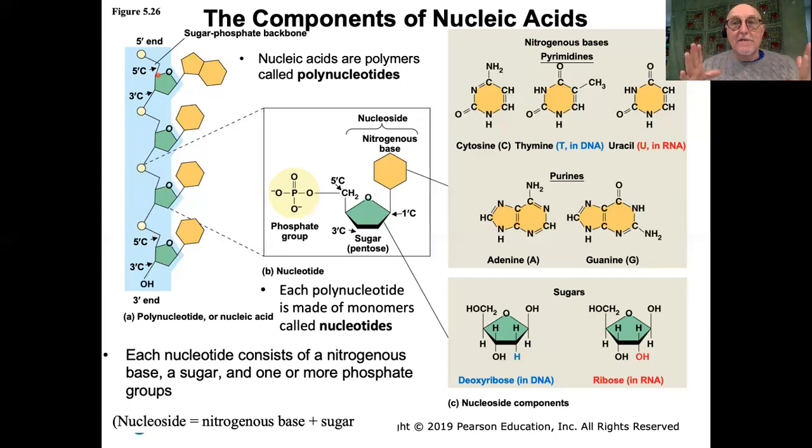So that's the first thing. Here the backbone is, but remember, this here is 3', that is the 5' there. This here is the 1', and this is where these nitrogenous bases are. So they're pointing away from this backbone here.